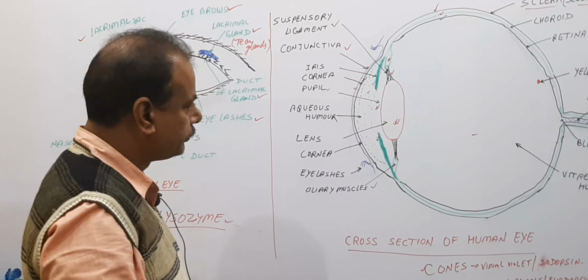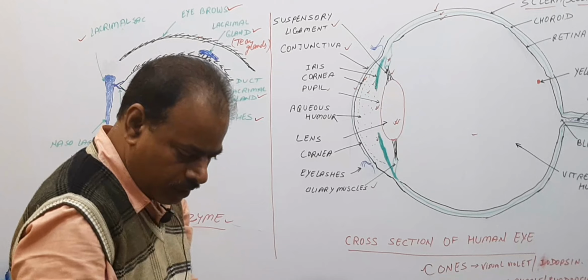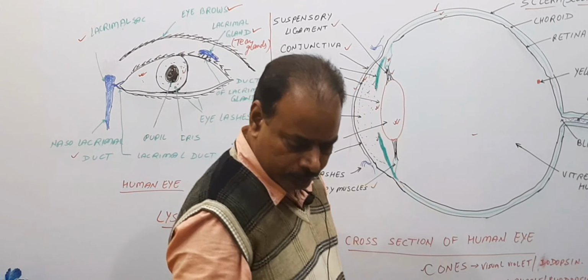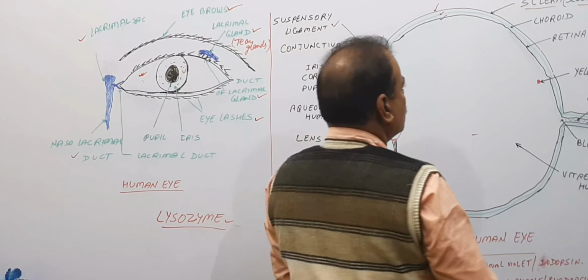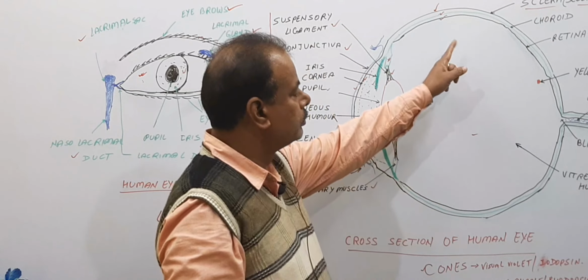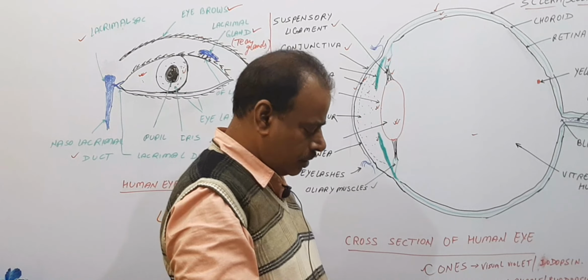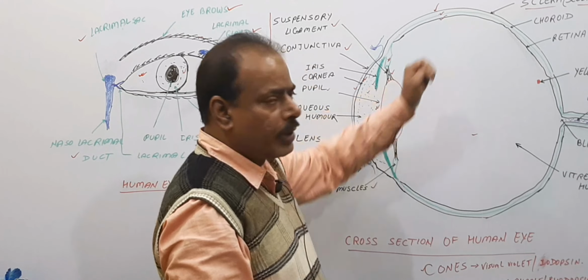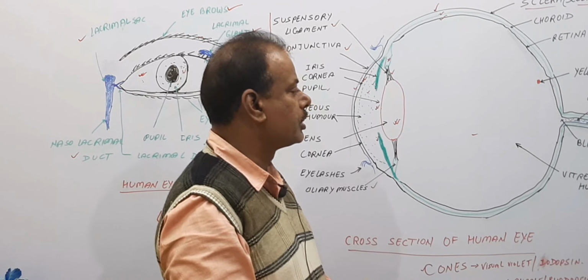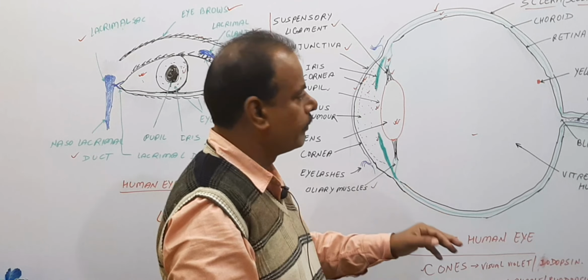So once again, in short, the sclera is the outermost part of the eye and it provides proper shape and protects the entire eye.